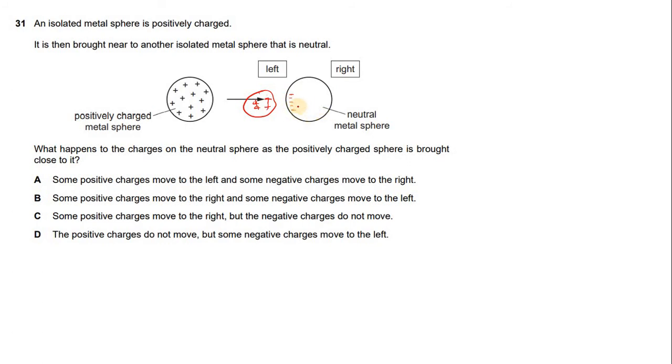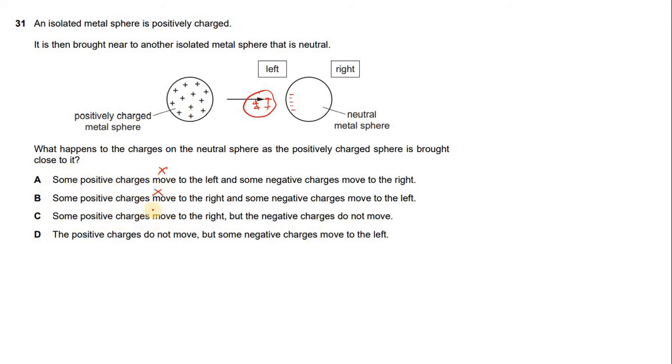So electrons move left. But remember, positive charges, which are basically protons in the nucleus, do not move. So they remain uniformly spread. Only negative charges move.